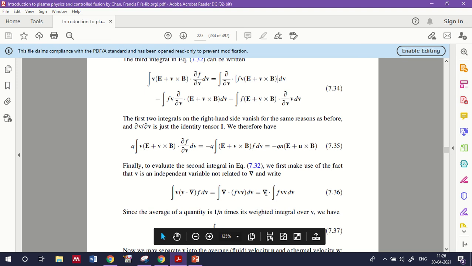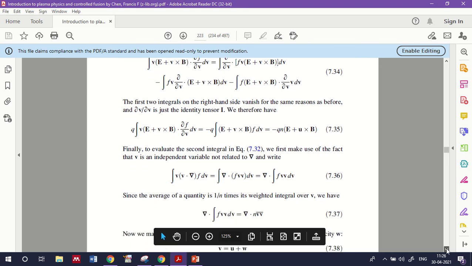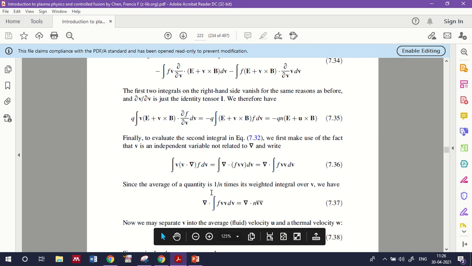Then we can write this equation as del dot integral f v dv. Since the average quantity is 1 by n times the weighted integral of v, we have del dot integral f v dv equal to del dot n v bar.